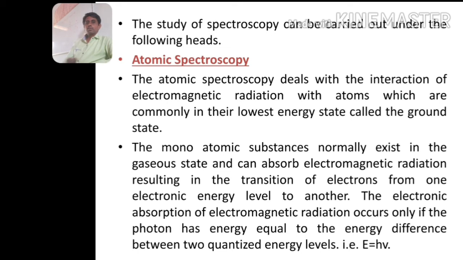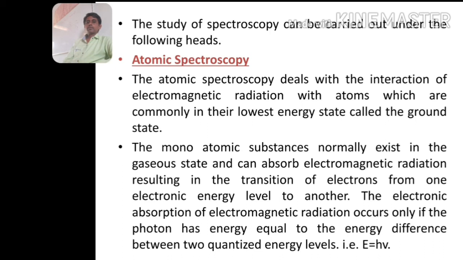The monoatomic substances normally exist in the gaseous state and can absorb electromagnetic radiation, resulting in transition of electrons from the ground state to a higher energy electronic state.